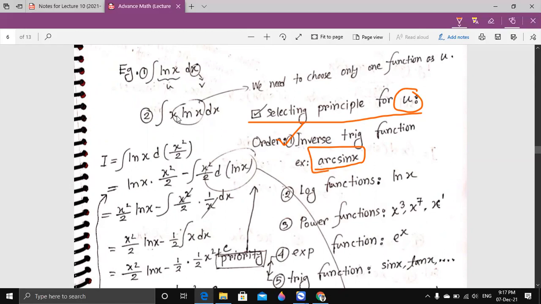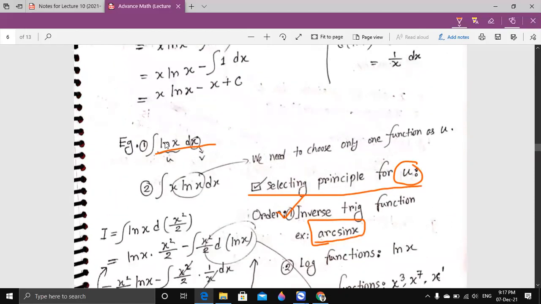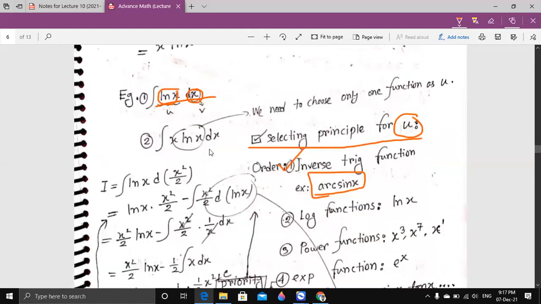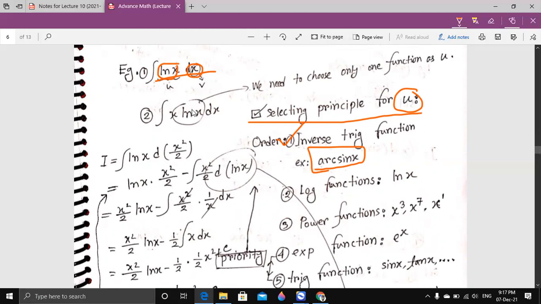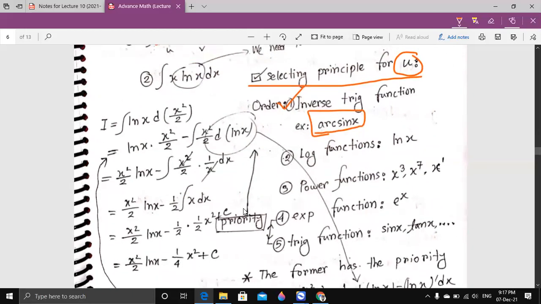For example, here we have ln x and we have dx. You see here the priority: this one has the highest priority to become u, and then this one, then this one, then this one. This way we can see the priority list.